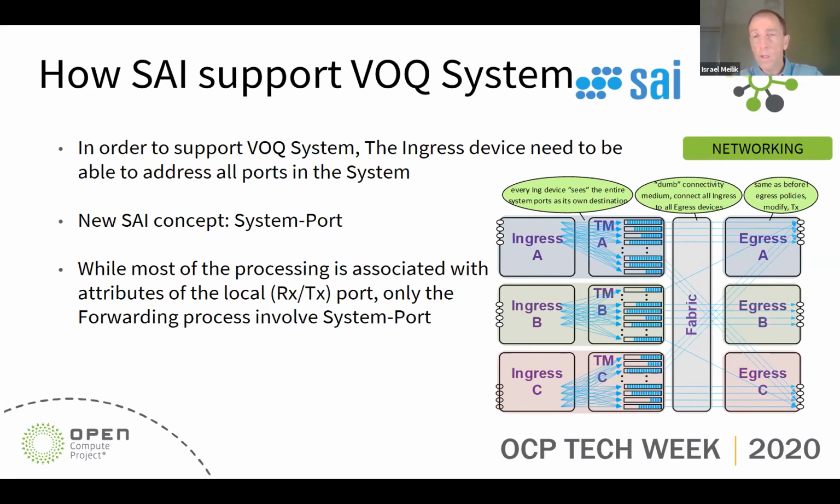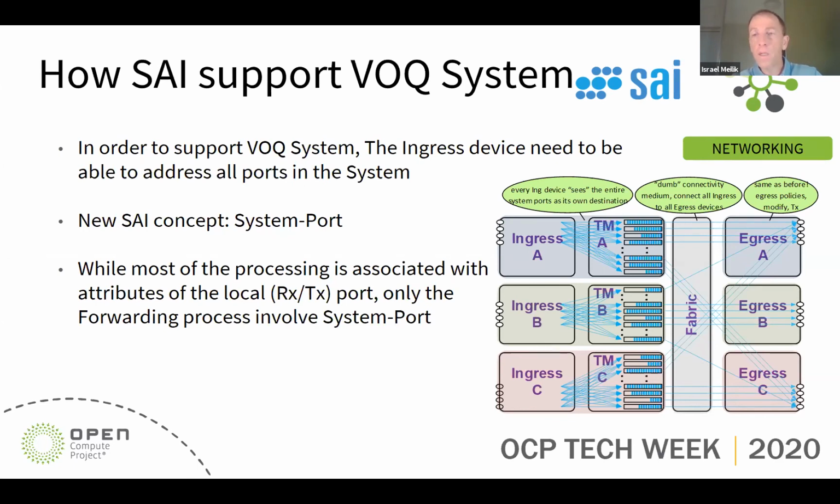As you can see in the drawing, if you look at device A, for example, device A can send traffic to all the ports in the system. Therefore, we need an object to represent each and every port in the system. And when you look at the SAI data plane functionality, you will see that it mainly affects one function in the data plane, which is the forwarding databases.